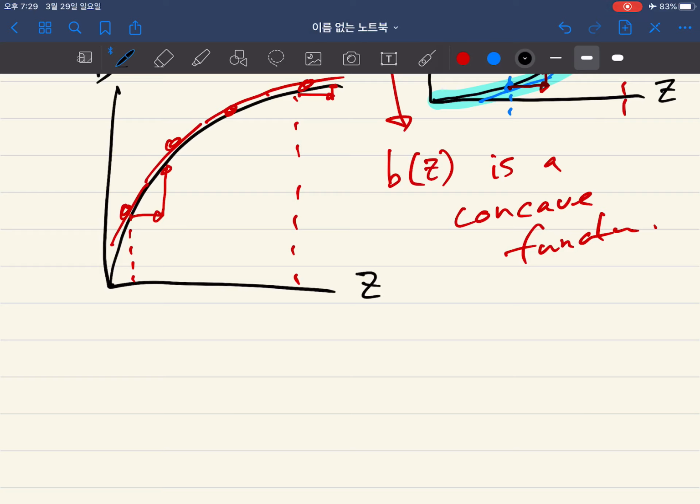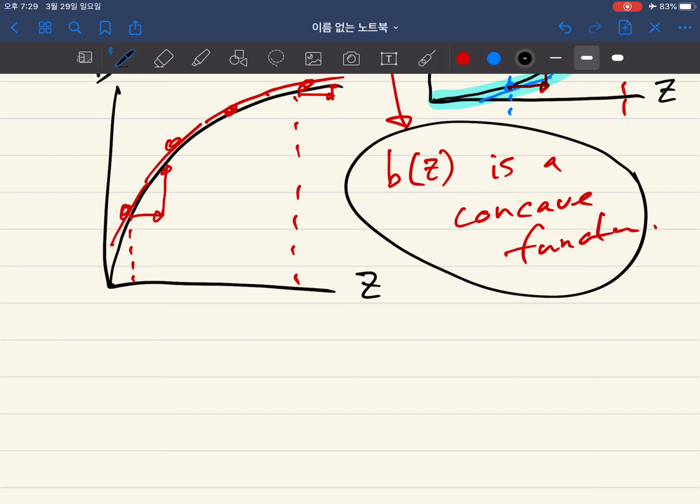So here we assume our benefit function is concave. And to make things simple, we're going to consider the unilateral care case.